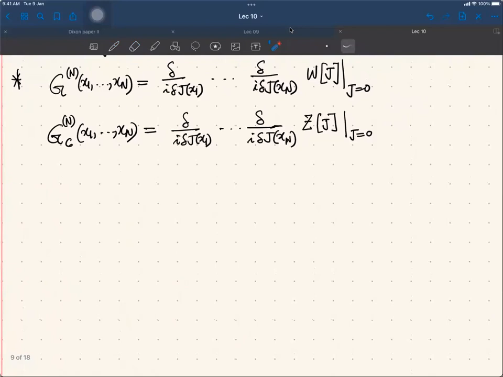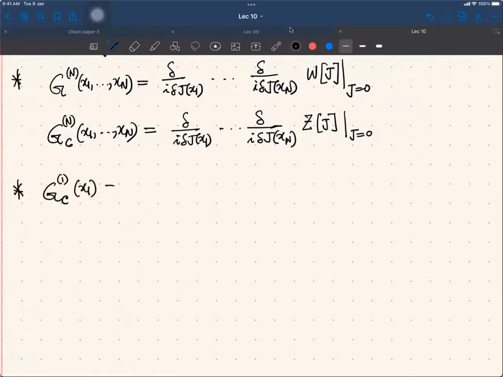So I'm going to discuss the connected Green's function. Let us begin with the simplest one, that is n equal to 1, connected.